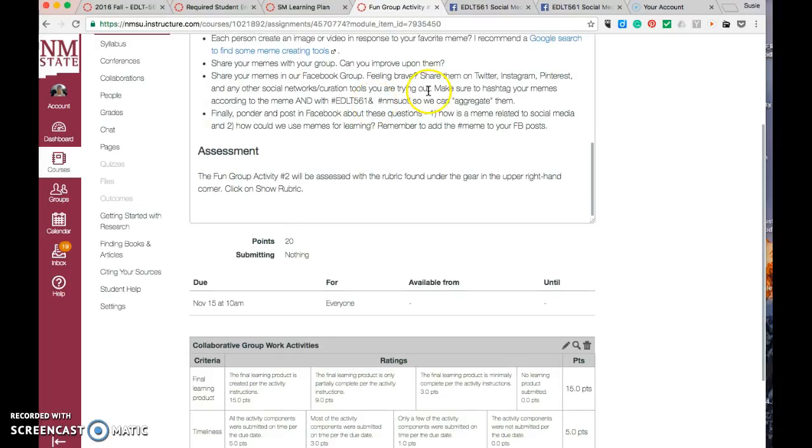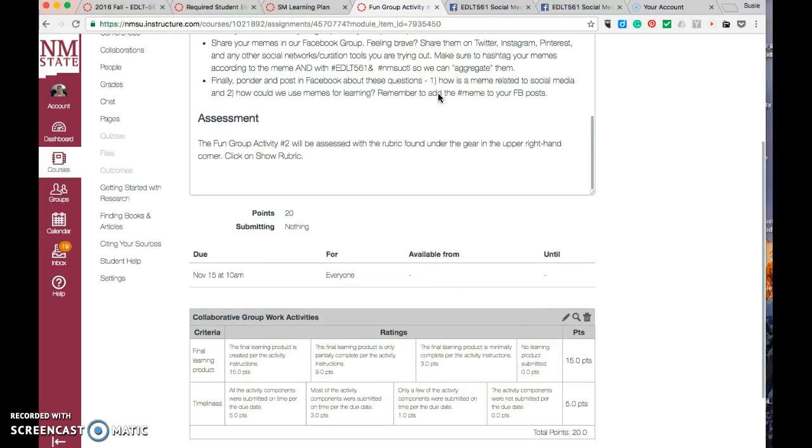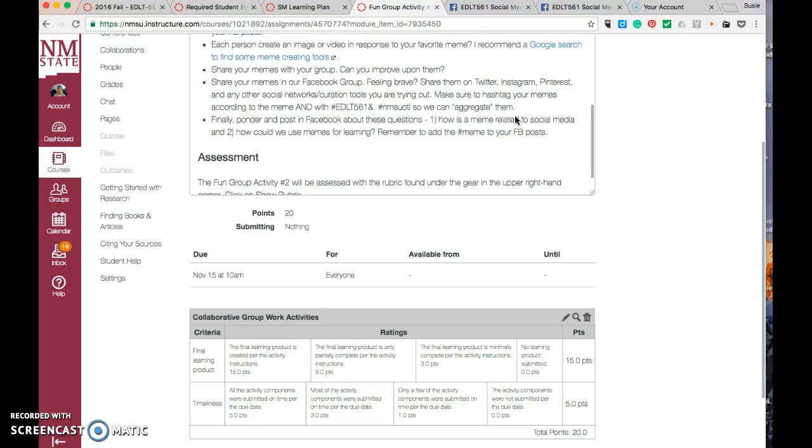And of course the brave, sharing them through other social media channels. And if you use hashtag NMSUOTL or hashtag EDLT561, they can be aggregated, of course, using the hashtags. And then your big final pondering, how to use memes in a teaching, learning, or educational context.